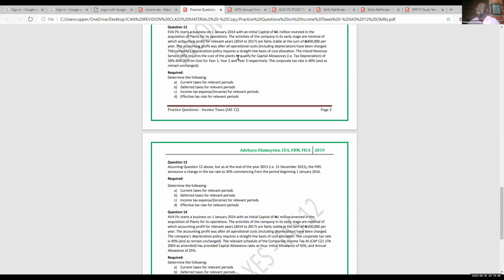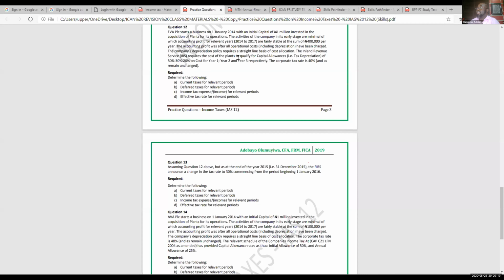The Inland Revenue Service requires the cost of the plant to qualify for capital allowances, that is, tax depreciation, of 50%, 30%, and 20% on cost for year 1, year 2, and year 3 respectively. The corporate tax rate is 40% and has remained unchanged.